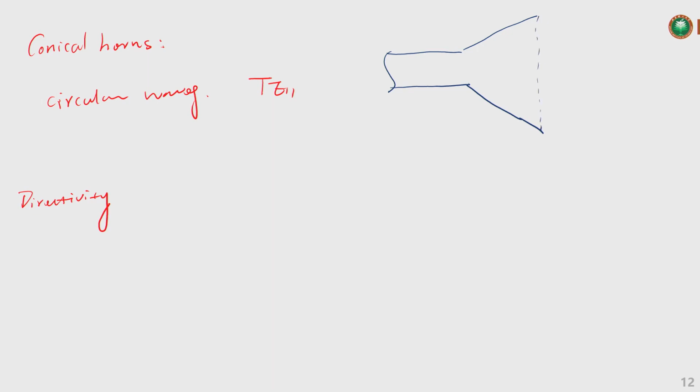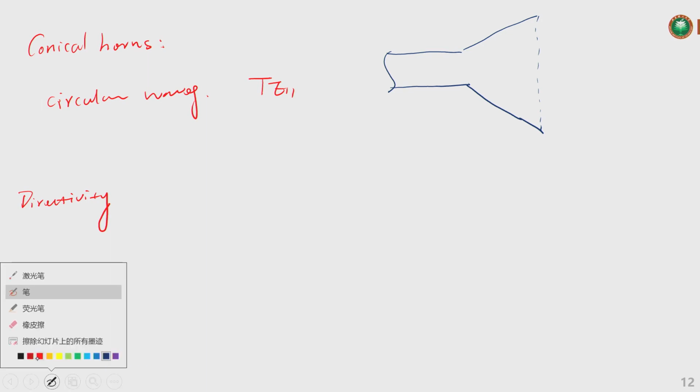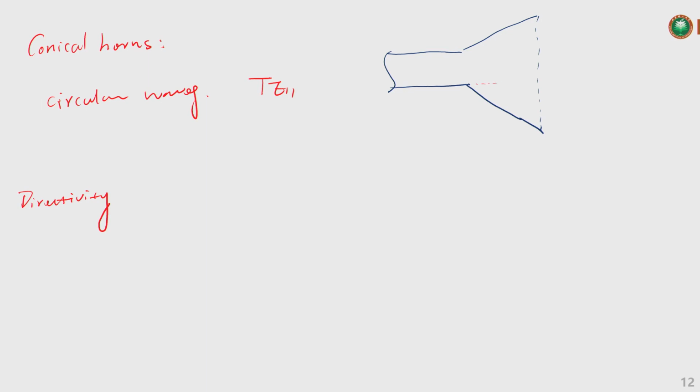Here is this length, we call it the axial length, and it also has a slant length, L_C or L_H. It definitely has an aperture, and this aperture has another length.